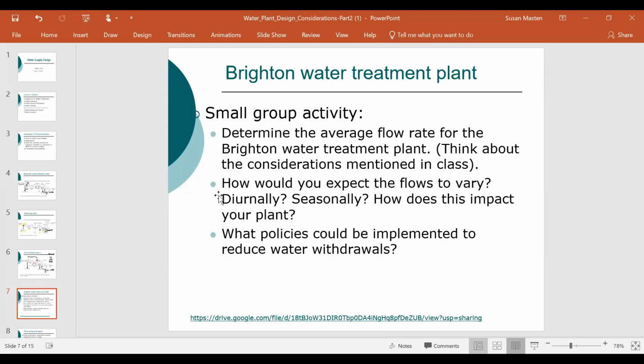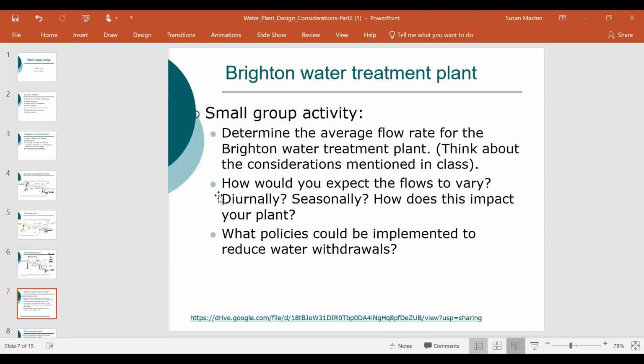I want you to think about how would you determine the flow rate for the Brighton water treatment plant. You can go back, look at the maps, think about what considerations we mentioned, what would be the service area, so determine your service area. How would you expect the flows to vary?